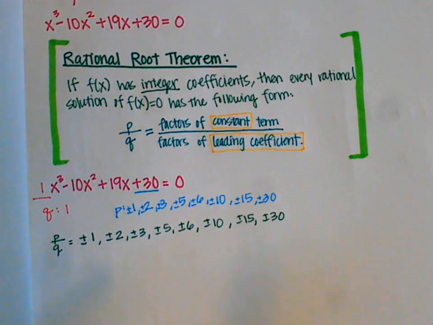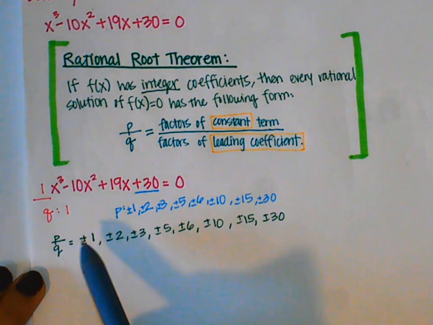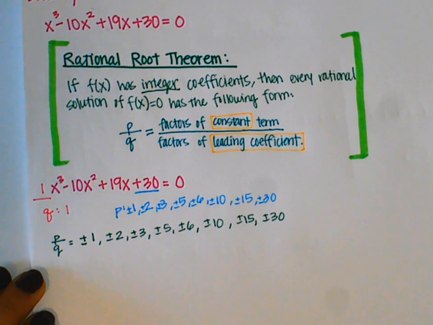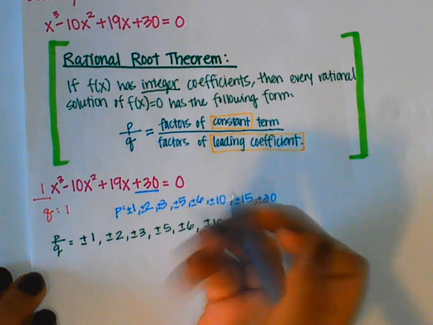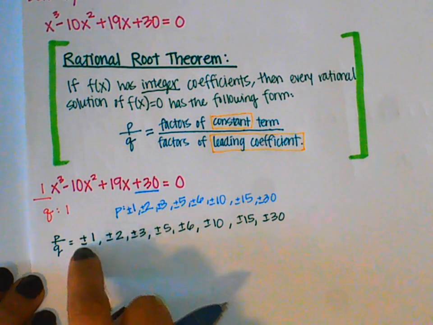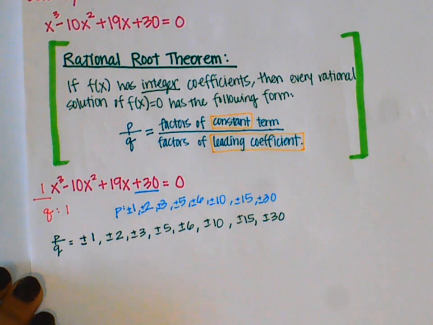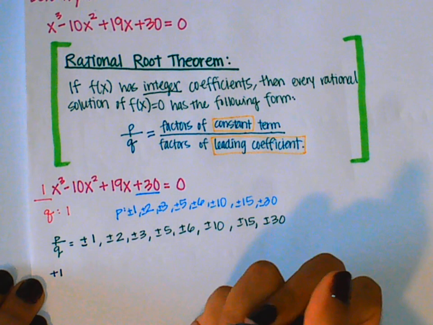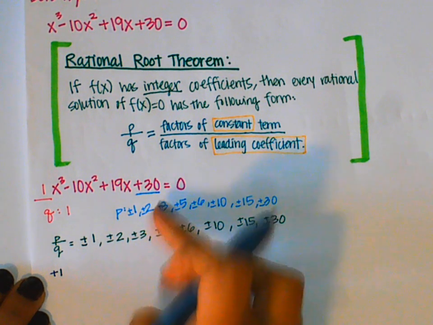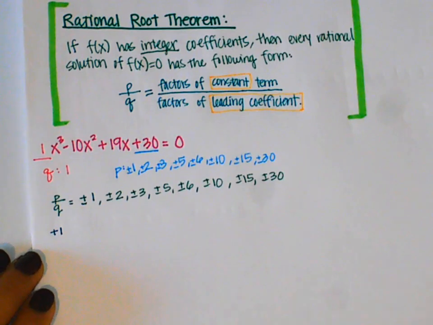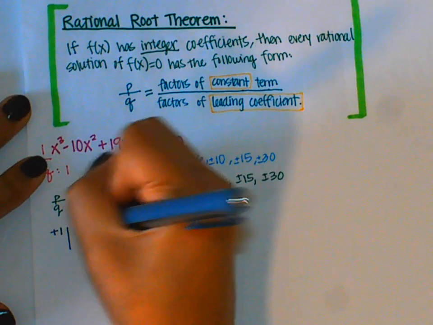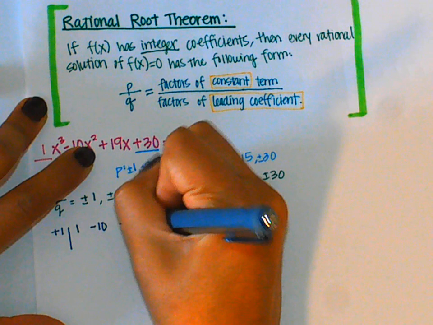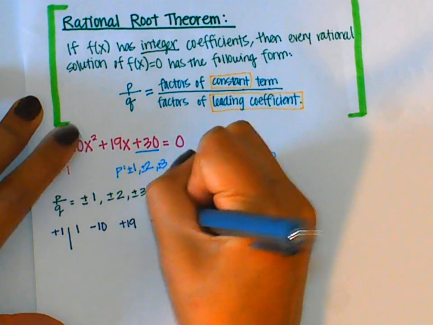I can do any of the points, but I'm going to start with 1, and I'll try the positive one first. To know if it's a factor, I'm going to use synthetic division and check for the remainder. I'm going to keep my sign so I don't forget, since I have a positive and a negative for each number. Bring down my coefficients, 1, -10, positive 19, and positive 30.